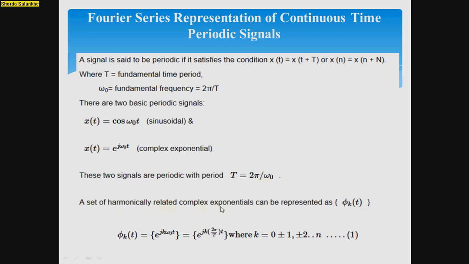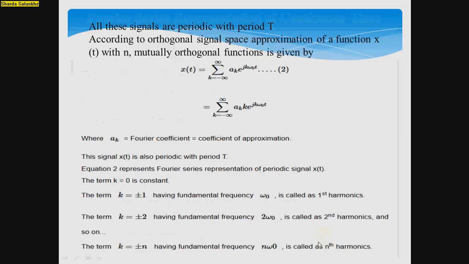A set of harmonically related complex exponentials can be represented by phi of t, where phi of t is e raised to j k omega 0 t, where omega can be expressed as 2 pi by T. So the term will be e raised to j k 2 pi by T, where k is equal to 0, plus minus 1, plus minus 2, plus minus 3, up to n. All these signals are periodic with period T.